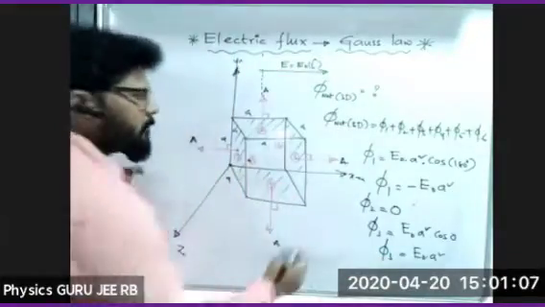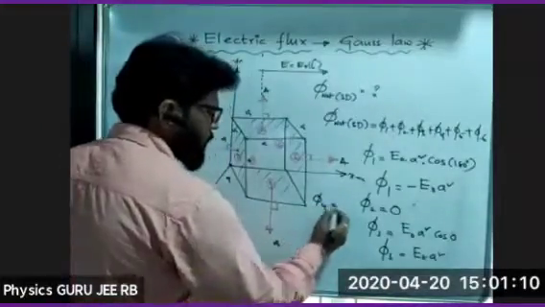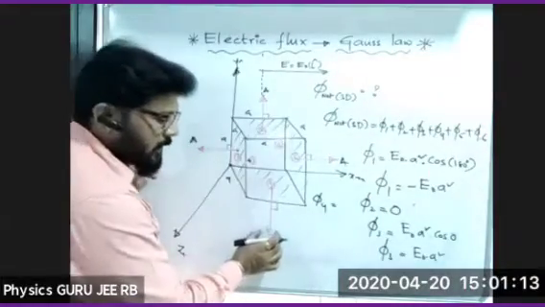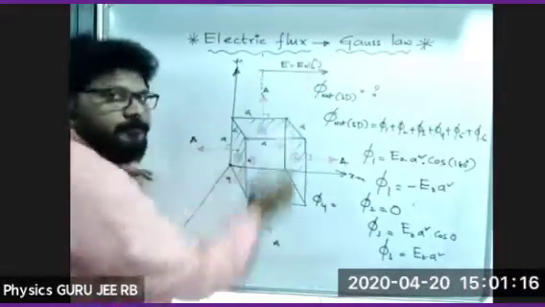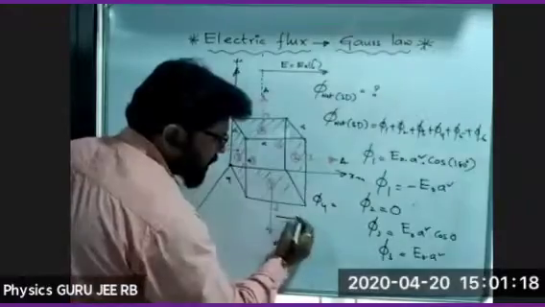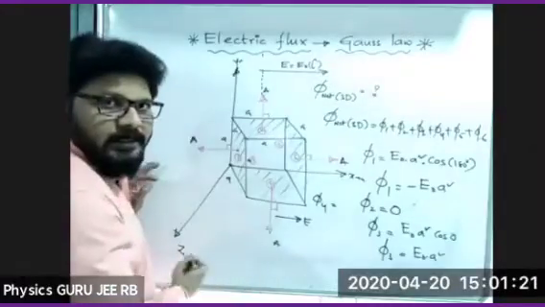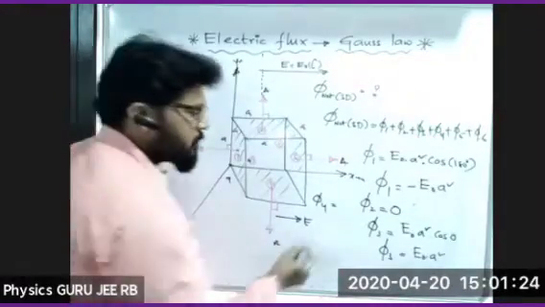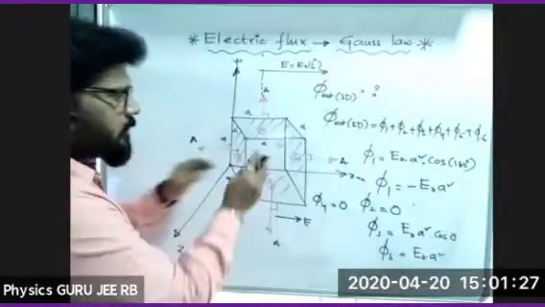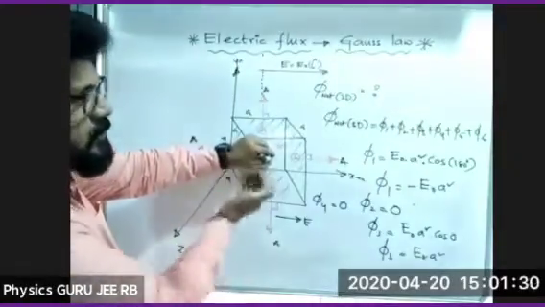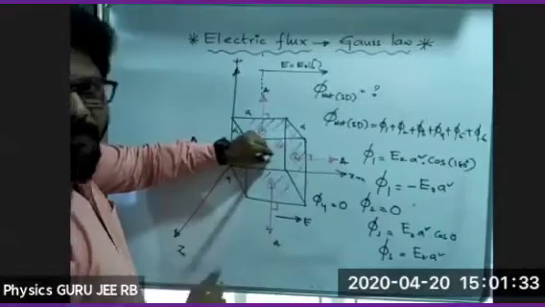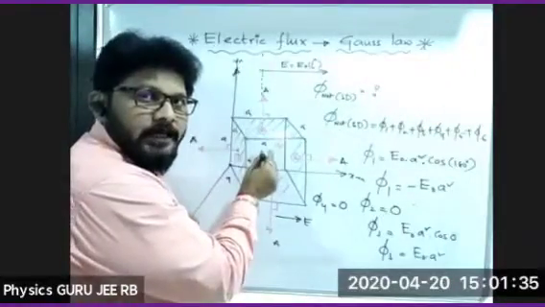Okay. After that, phi 4. Let us take phi 4. Can anybody tell phi 4 for the fourth surface? What is the angle between the area and the electric field? This is the direction of the electric field intensity, right? Area and field at 90 degrees. Cos 90 is what? 0. So this is nothing but 0. Next, for the fifth surface, this is the direction of the electric field. So what is the angle? Can anybody tell?